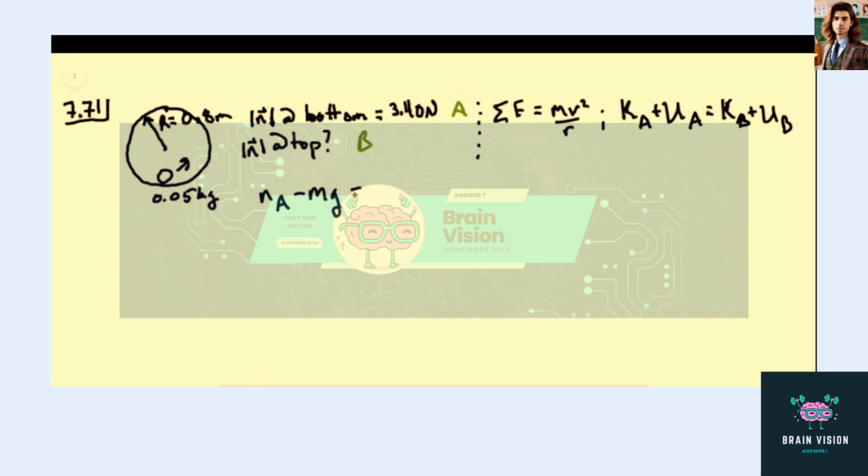And this has to be equal to our centripetal force. This part is the acceleration, and then multiplying it by the mass makes it the force. So the speed at A is 6.82 meters per second.